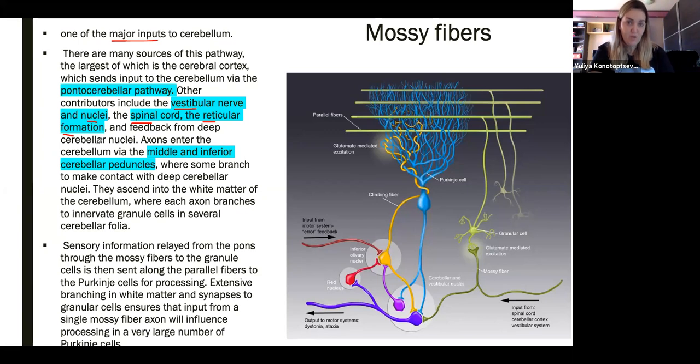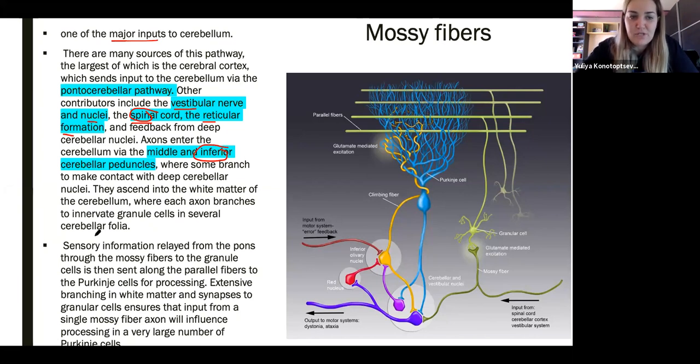No, because you have to remember that mossy fibers do not only come from the pons, they also come from the spinal cord, they also come from the vestibule, and so on. So these mossy fibers can also be present in the inferior cerebellar peduncle, because the spinal cord sends its axons through the inferior cerebellar peduncle, right?